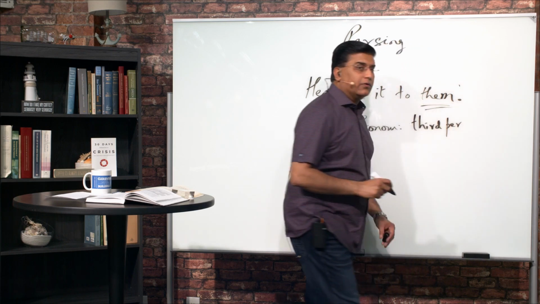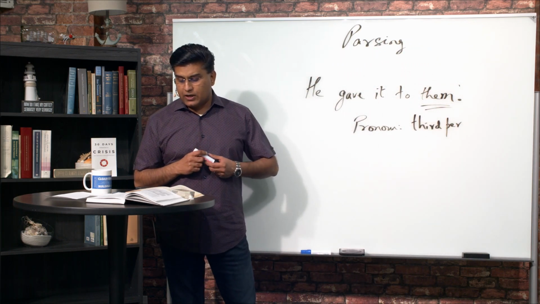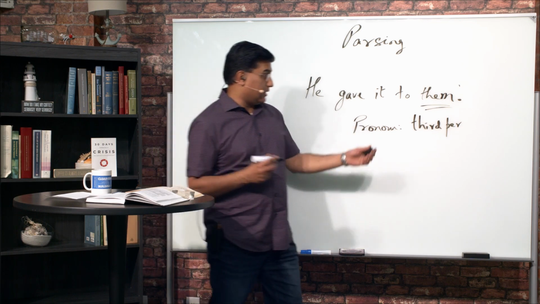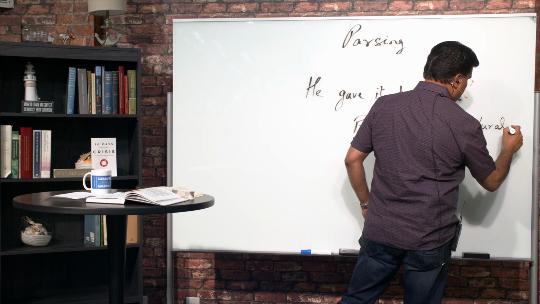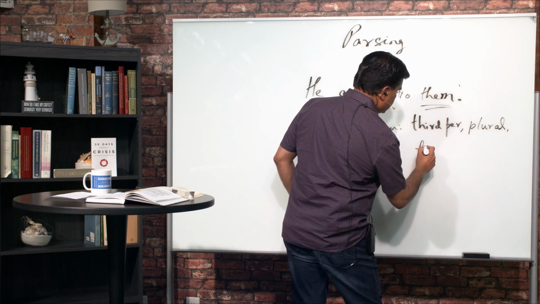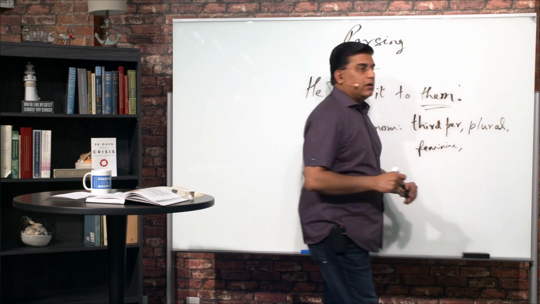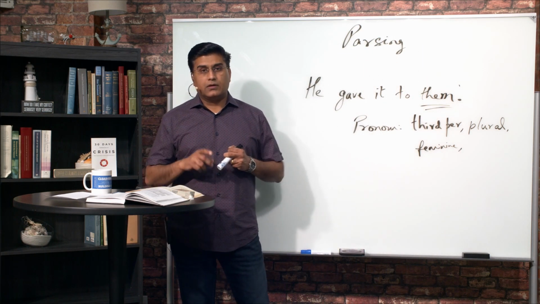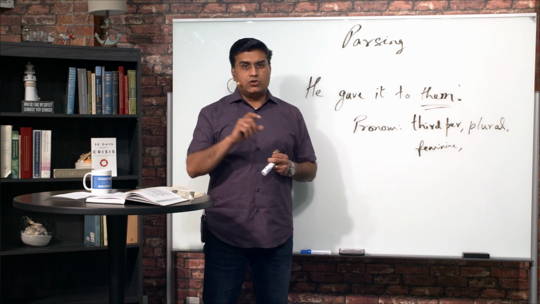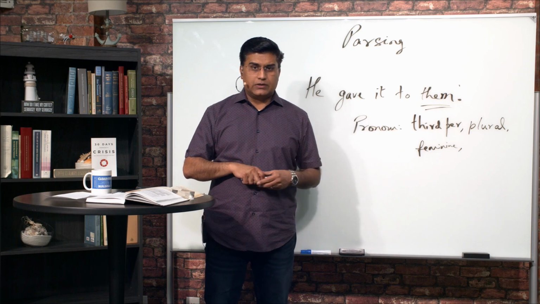What else do we know about this noun, this pronoun? Another thing is plural, as I mentioned. It is also feminine. He gave it to them. And finally, keep in mind it is to them. 204, any word is a dative.